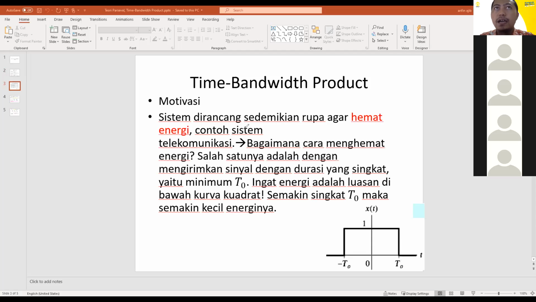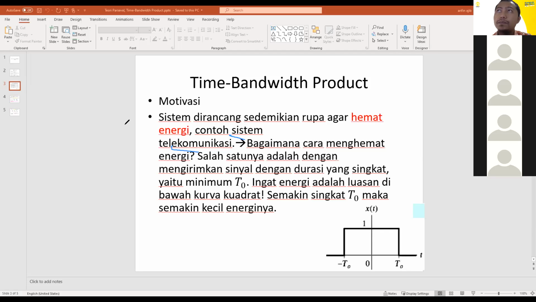We want to design a system that in some way should be energy efficient. Let's take a look at a telecommunication system, for example. The problem is how to achieve energy efficiency in this telecommunication system.